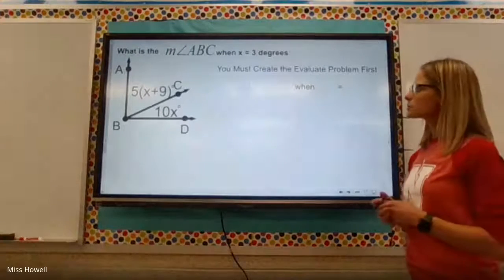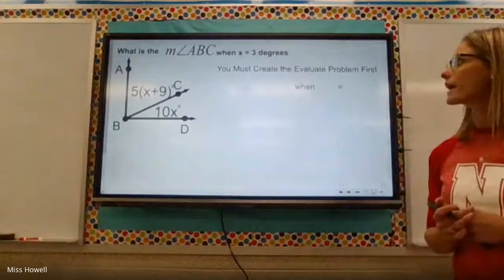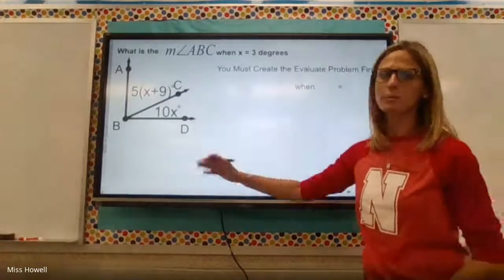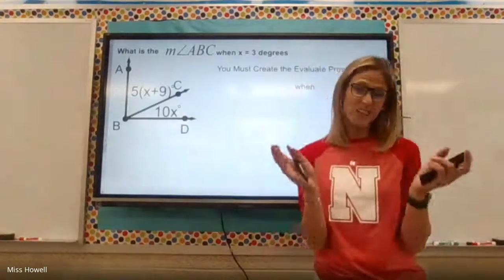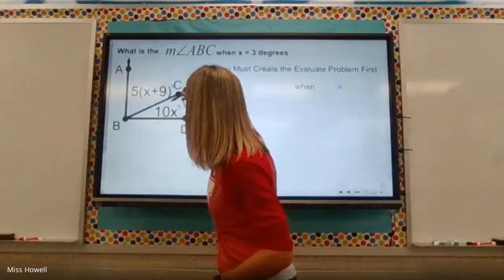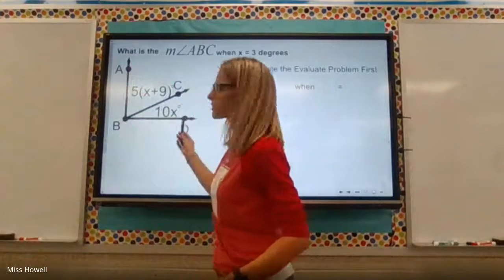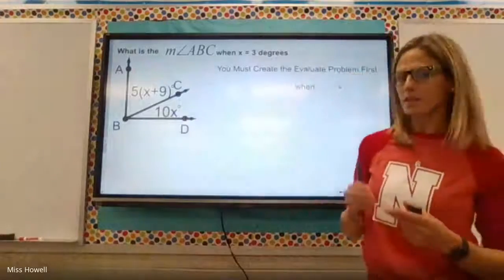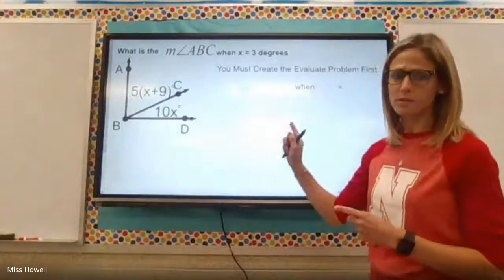All right, number 2, we want to know the measurement of angle ABC. Here's where you need to be careful. This particular picture has 2 angles, or really 3 angles. There are these inside angles here, and then there's this one big angle that looks like a right angle on the outside. So I need to make sure I'm evaluating the right portion of the picture based off the description.